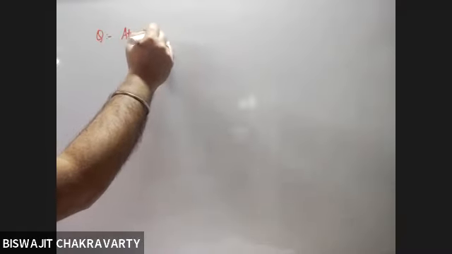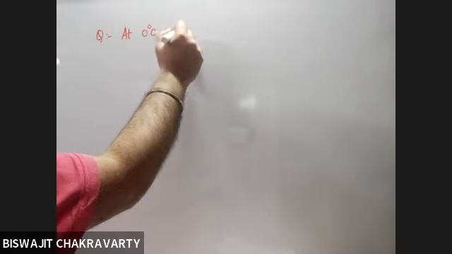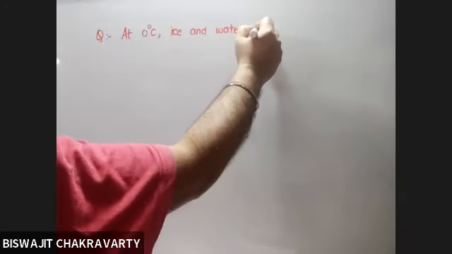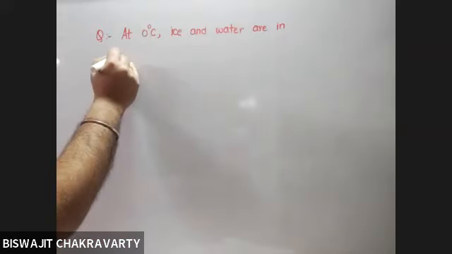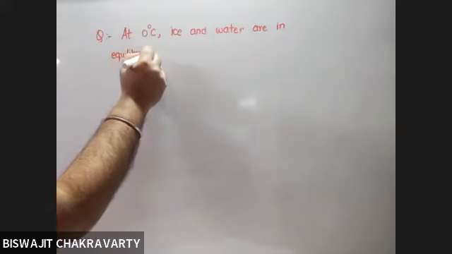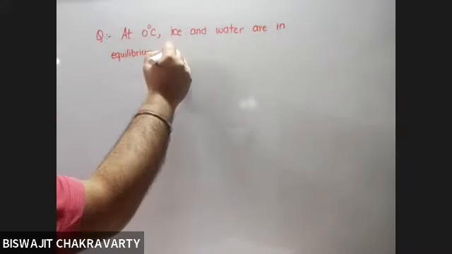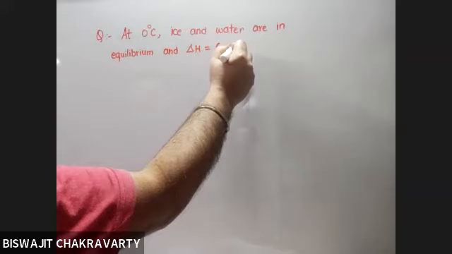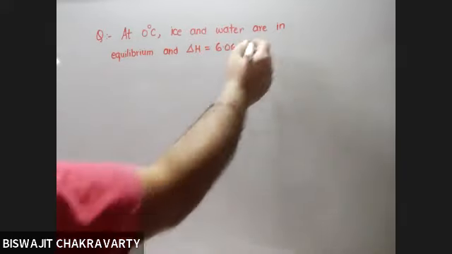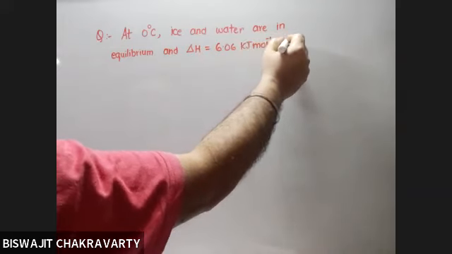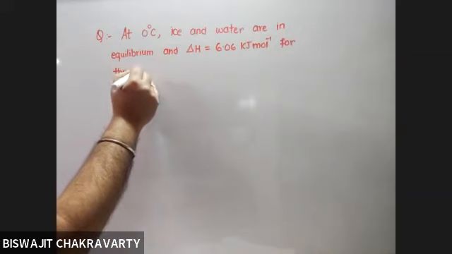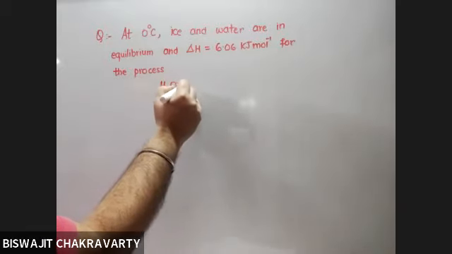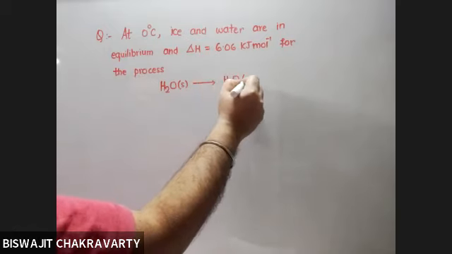At 0 degree Celsius, ice and water are in equilibrium and delta H equal to 6.06 kilojoules per mole for the process H2O solid to H2O liquid.